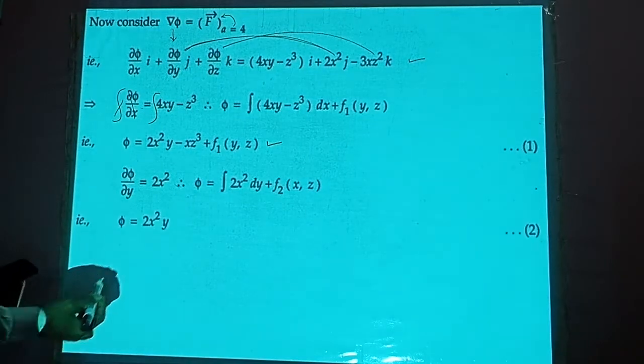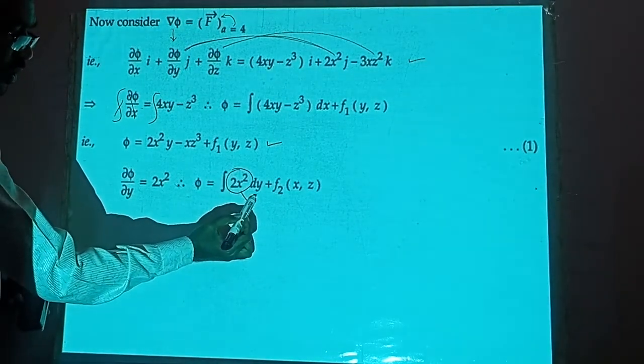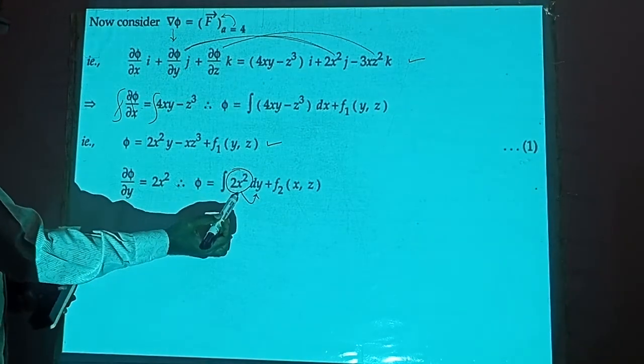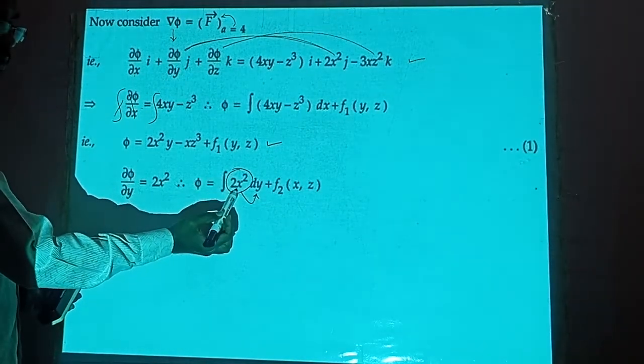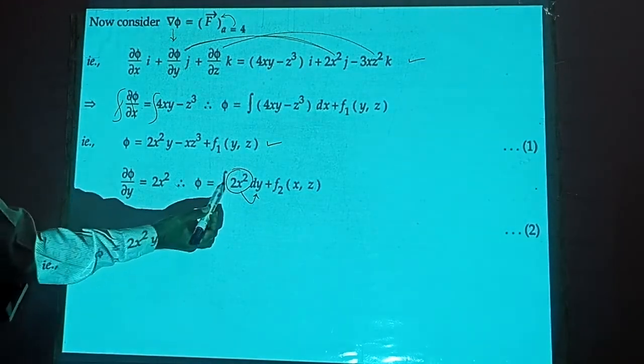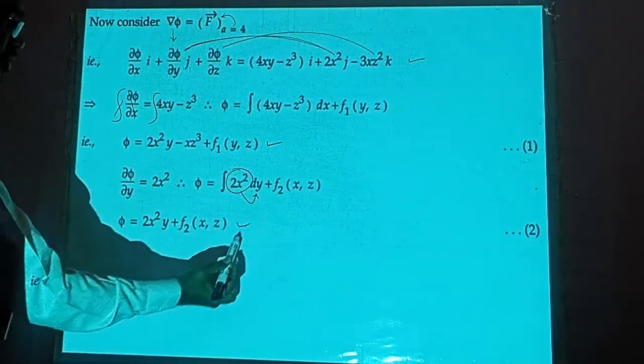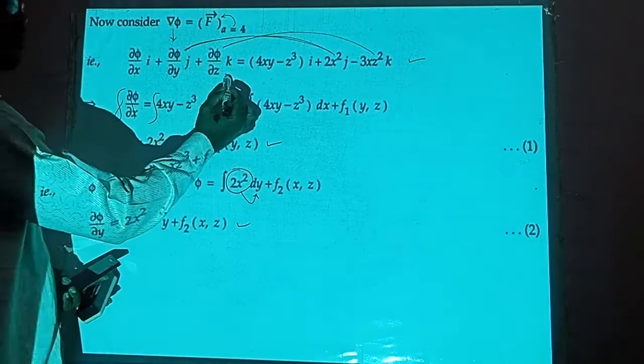For the integration of this with respect to y, since this is completely independent of y, it is a constant. So what is the integration? Constant into y, 2x square into y plus integration constant. This is another phi.